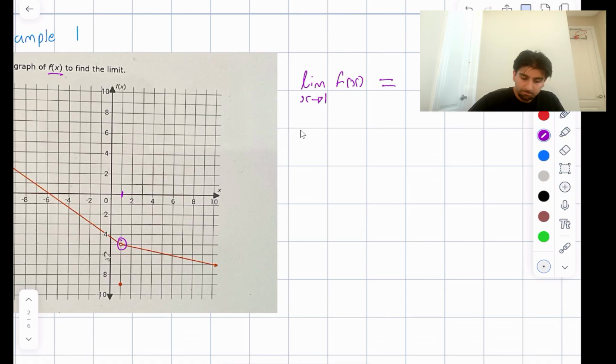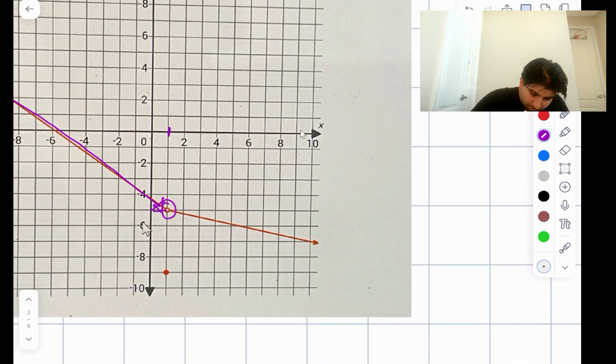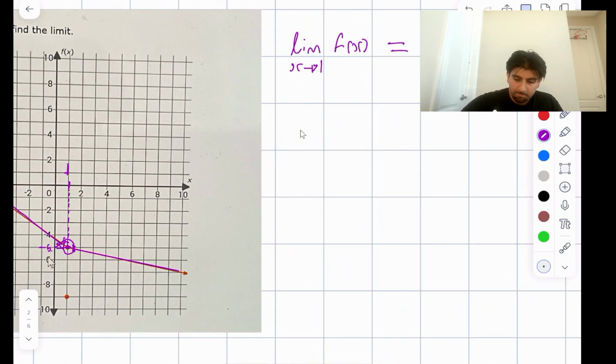Okay, so what we now have to do is approach the function from here, this way, and where do we go? This is about -5, -4, -5, -6. This way, where do we get? That's also this point, -5. So at the value of 1, it's about -5. So that's the answer to this limit.